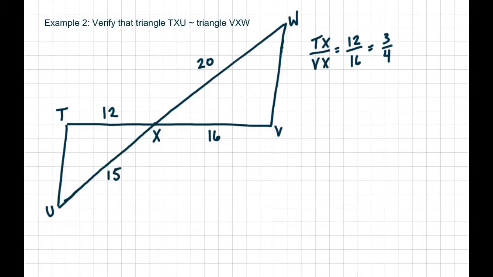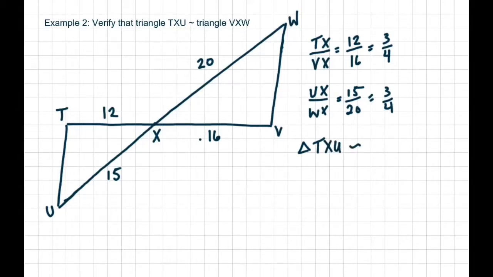I have UX and WX, and I have 15 over 20, and that also comes down to 3/4. So that tells me that triangle TXU is similar to triangle VXW by side-angle-side similarity.